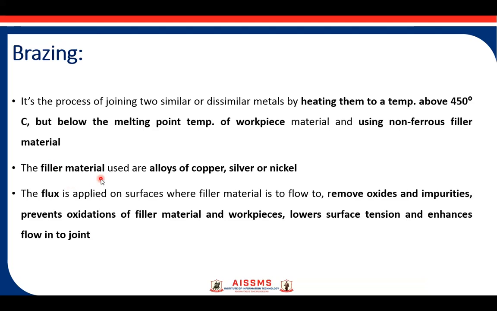The filler material most commonly used is the alloys of copper, silver or nickel. The flux is applied onto the surface wherein filler material is to flow. It will remove the oxides and impurities and it prevents the oxidation of filler material and the workpiece. It lowers the surface tension and enhances the flow into the joint.